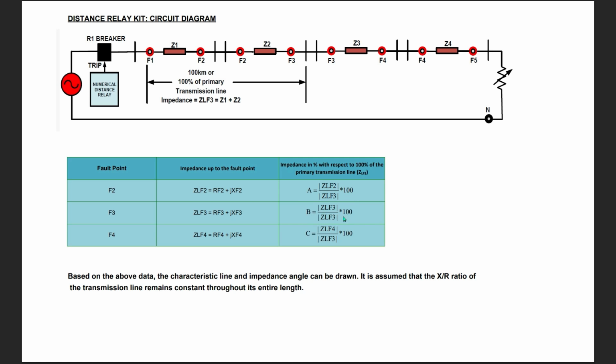B is, of course, ZL F3 by ZL F3, which is 1, so B is taken as 100%. C is more than 100% because ZL F4 is greater than ZL F3. So based on the above data, the characteristic line and impedance angle can be drawn. In all this, it is assumed that the impedance per kilometer ratio of the transmission line remains constant throughout the entire length.